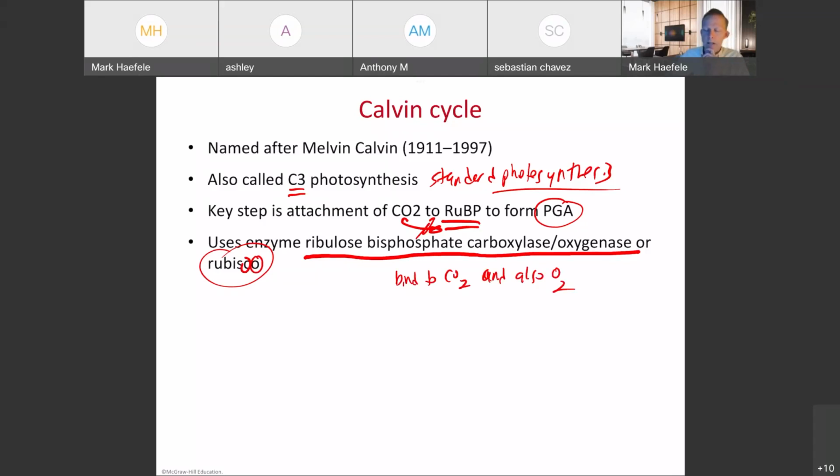One is helpful, the other one is not. If you're doing photosynthesis, you don't want it to do this. You do want it to bind to CO2. You don't want it to bind to oxygen, because CO2 is what you're trying to use to create your sugar with. Oxygen for you as a plant is a waste product, so you don't want to bind your waste product.